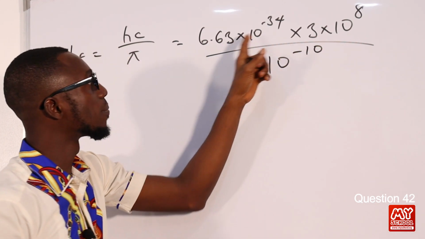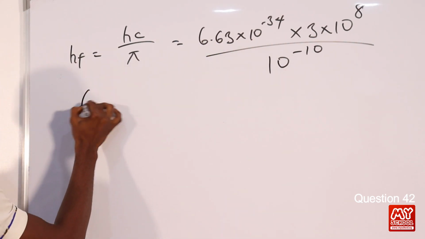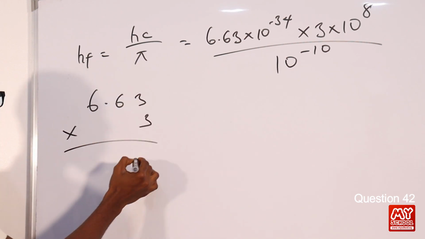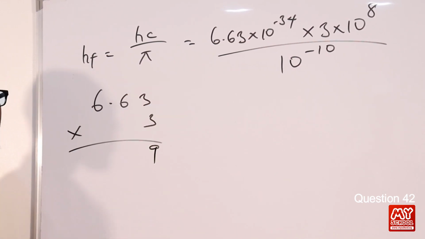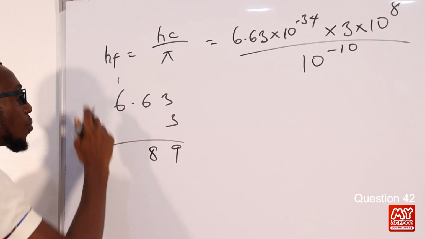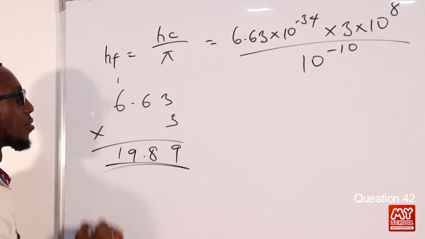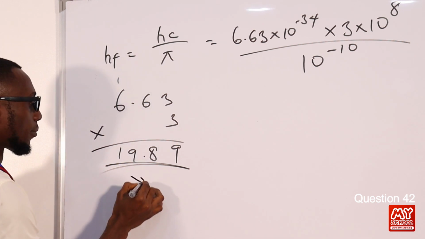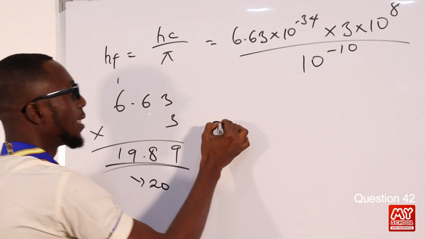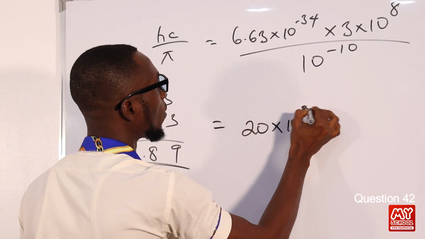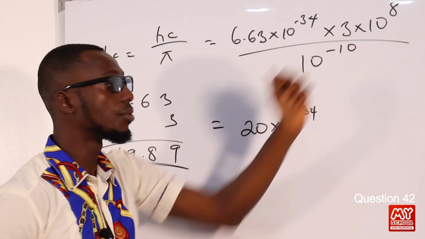So let's do the multiplication. 6.63 times 3: 3 times 3, we have 9. 3 times 6, we have 18. We leave the 8 and carry 1. 3 times 6, 18 plus 1, we have 19. So we have 19.89. Roughly, we can bring this to 20. So at the numerator, I have 20 times 10 raised to the power minus 34, then 10 raised to the power 8.